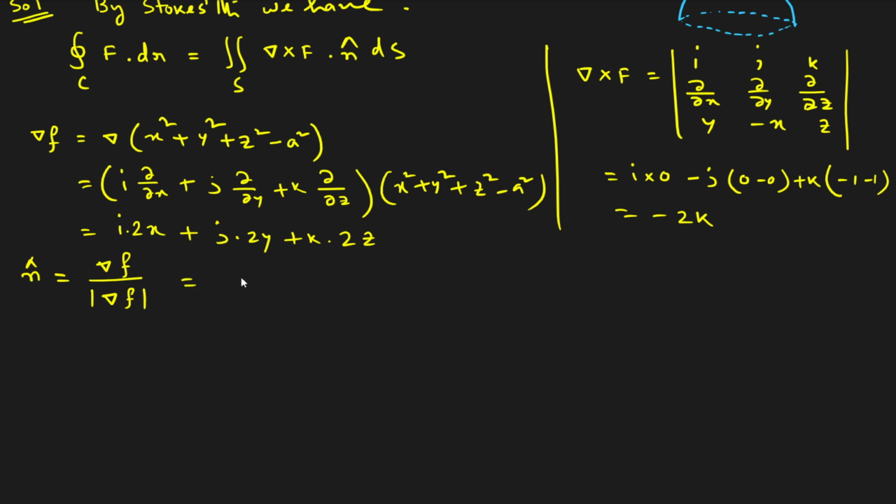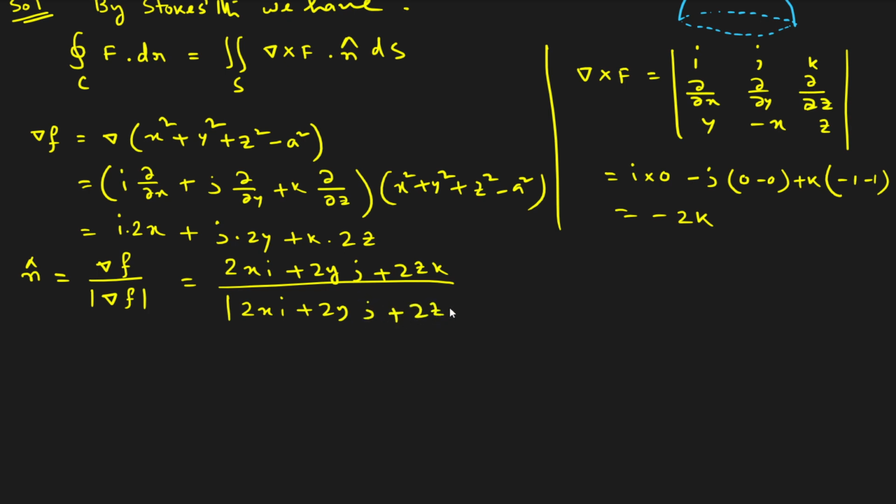So nabla f we just now have: twice x i cap, twice y j cap, twice z k cap, divided by the same thing within the modulus sign.